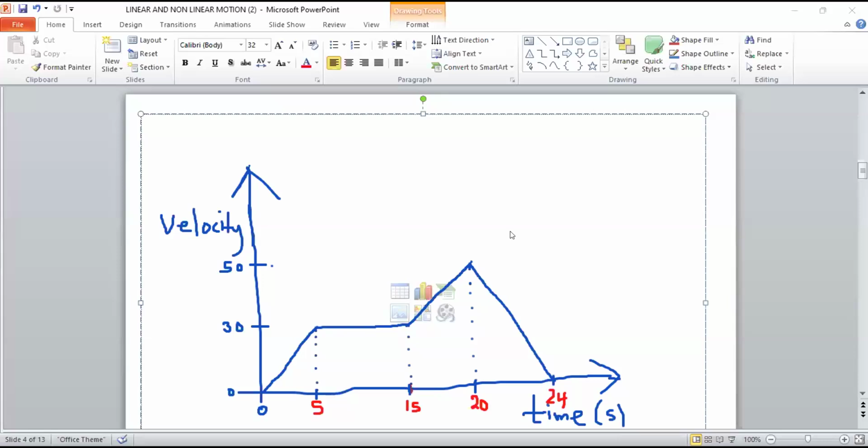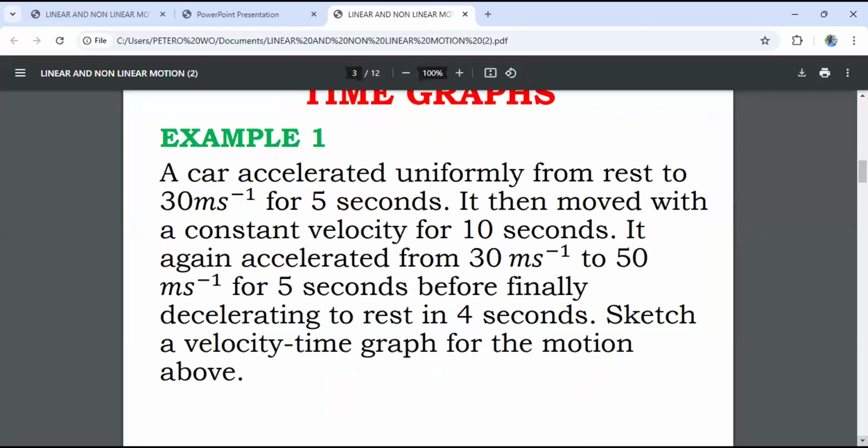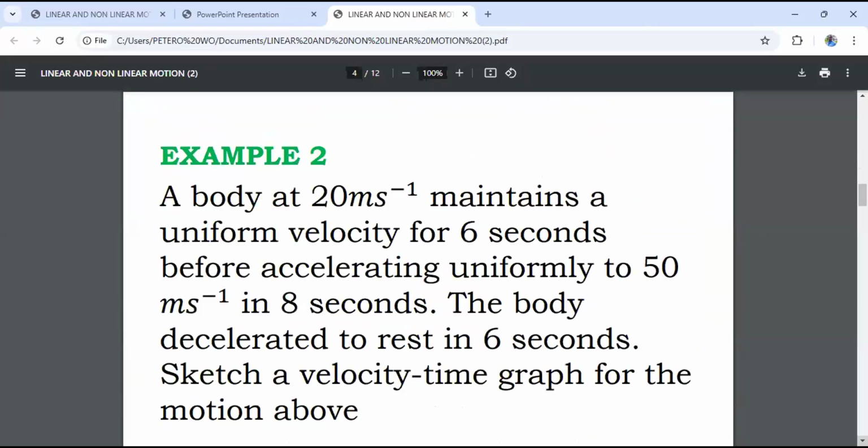Okay, hope all of us have drawn that now. That there was our question. And let us go to our second example. So that is our second example.